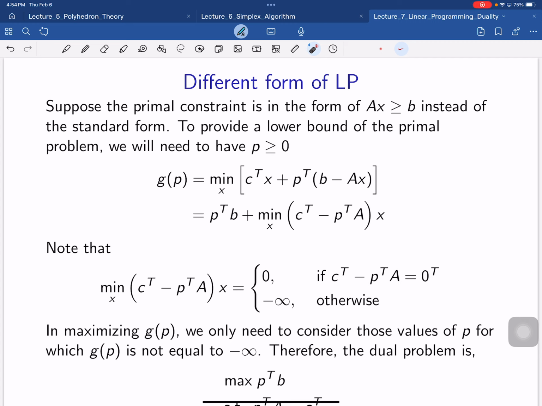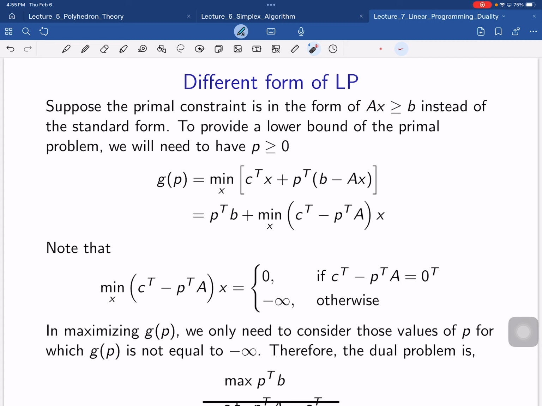Now, the tricky thing here is if you have an inequality constraint, in order for the Lagrangian function to provide a lower bound, you need the Lagrange multiplier to be greater than or equal to 0.